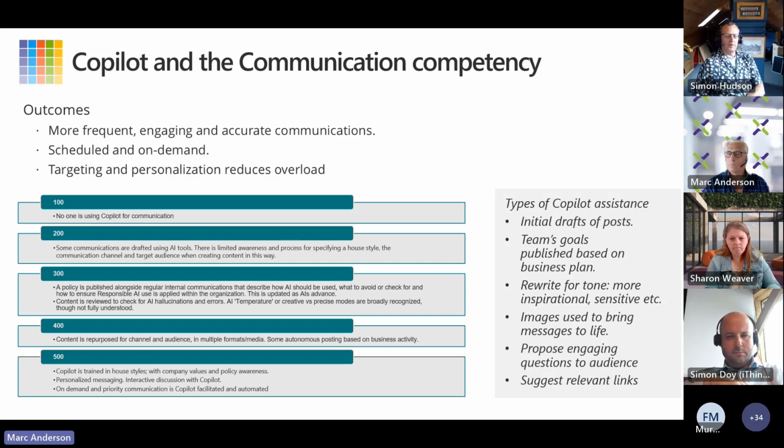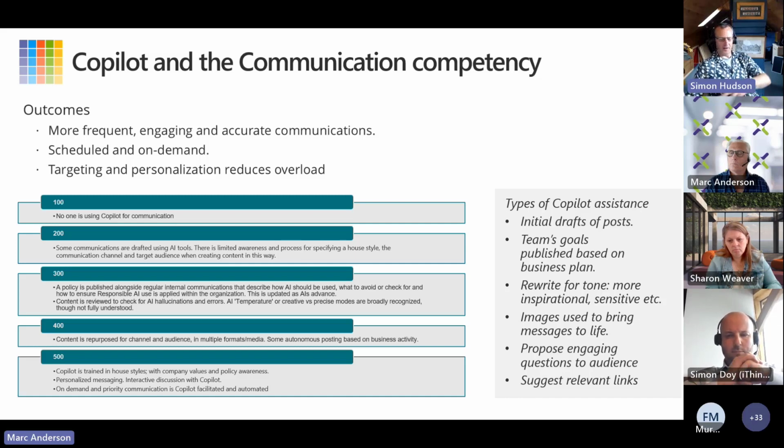And then, again, level 500 for us is very speculative at the moment, because right now Microsoft themselves are at about the level 300 stuff with Copilot, but we would like to think that Copilot at some point will be trainable with your house style.